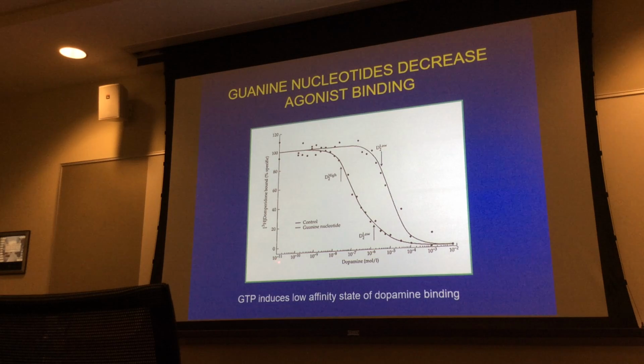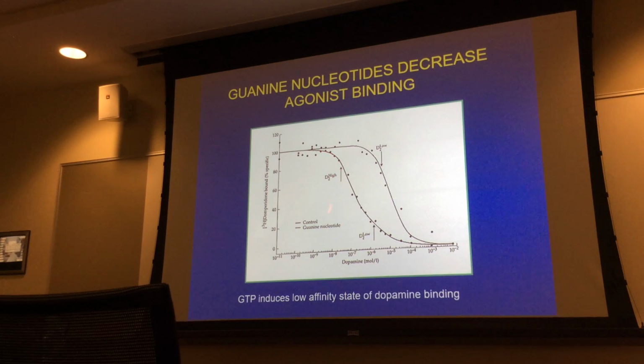There's a lot of log units across here. He's going all the way from 10 to the minus 11 to 10 to the minus 2, so he's looking at 9 orders of magnitude of drug concentration. Now remember that I told you last time that there's an easy way to determine whether or not the hill slope of a particular curve is 1 or less, and that is by counting the log units it takes for full displacement.